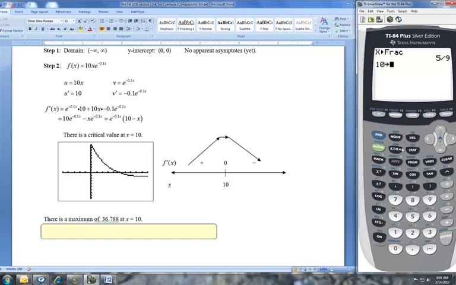Let me store 10 in for my x, go back to my original problem, 10x times e to the negative 0.1x, and this will give me my maximum value.